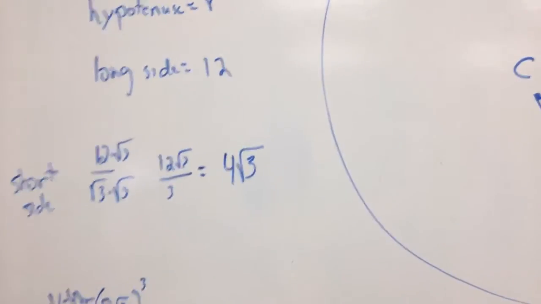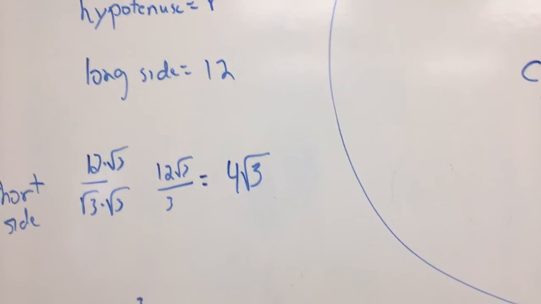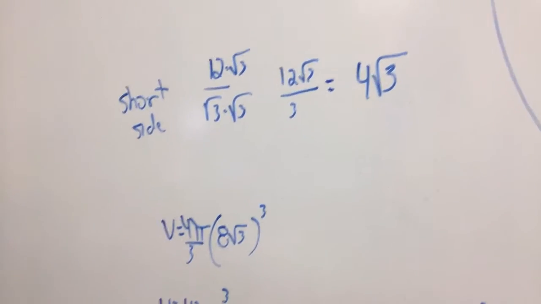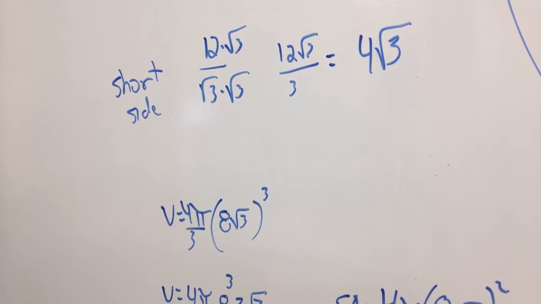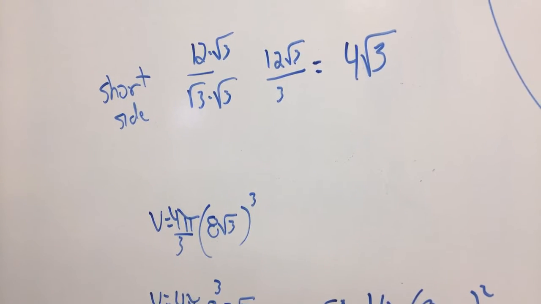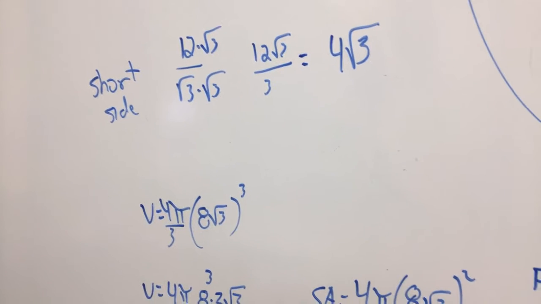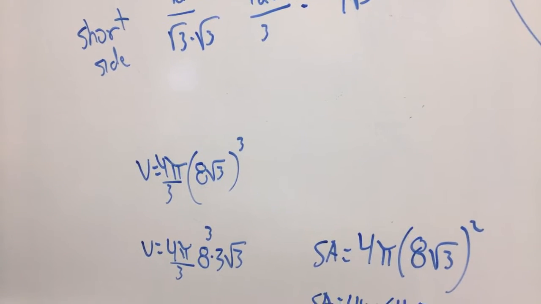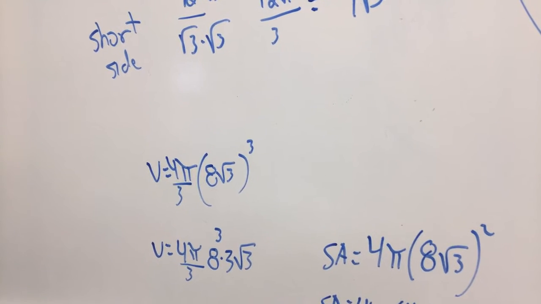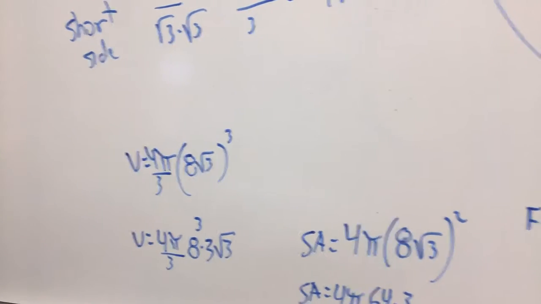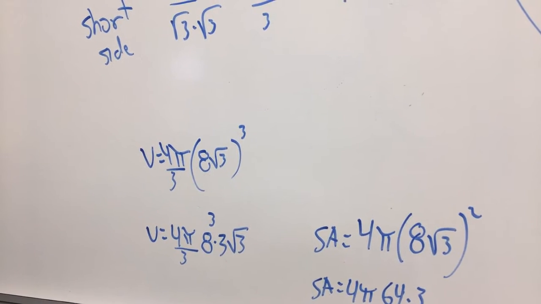Okay? So, if you want to find the volume of this sphere, it'd be 4/3 pi times 8 square roots of 3 cubed. Now remember, the square root of 3 cubed is 3 square roots of 3. It's the square root of 3 times the square root of 3 times the square root of 3. Don't mess that up. And then, of course, 8 cubed, whatever that comes out to be, okay?